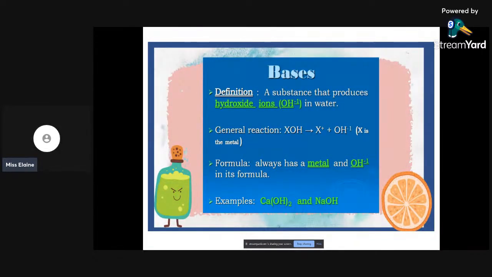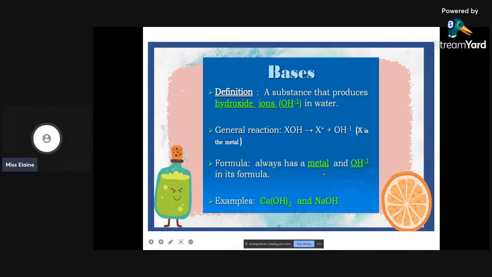So, okay, let's talk about bases. When you say bases, it is a substance that produces hydroxide ions, or always has what? OH in water. So the formula always has a metal and hydroxide in it. For example, we have here calcium.